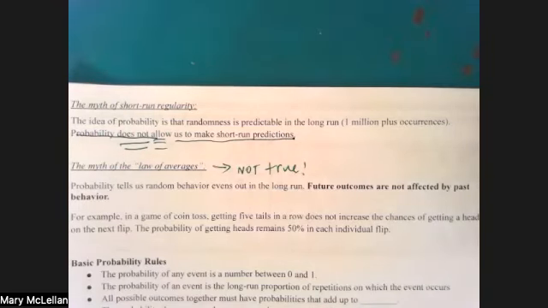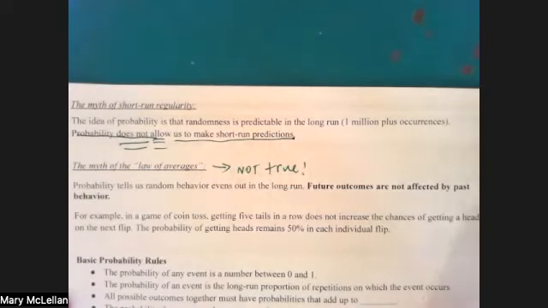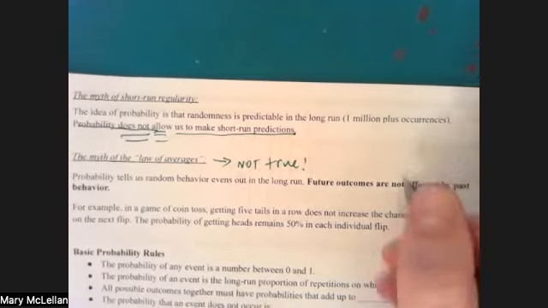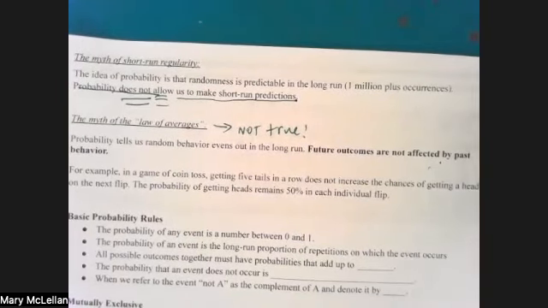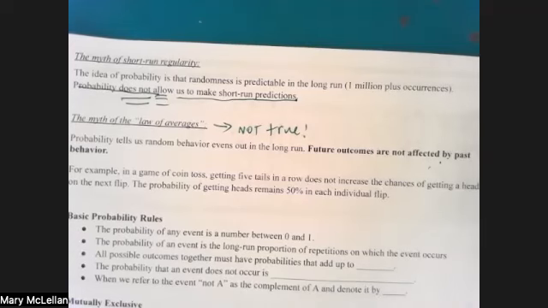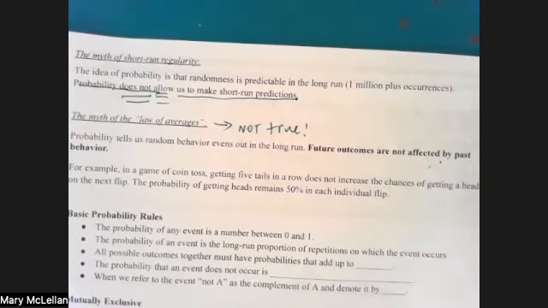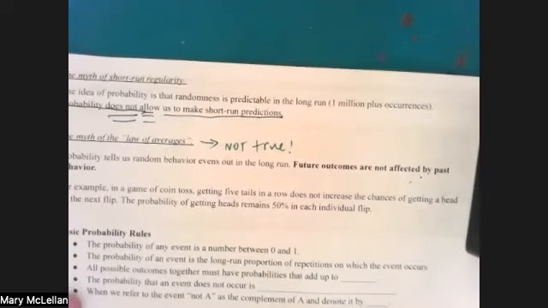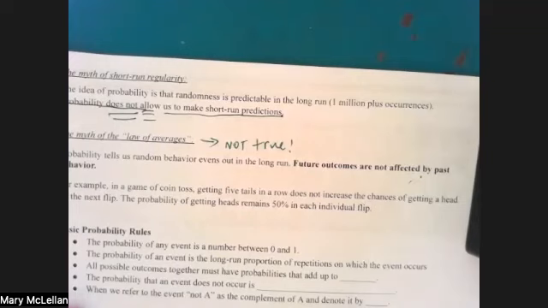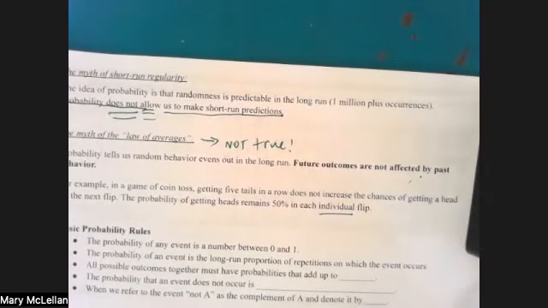It tells us how random behavior evens out in the long run, but future outcomes are not impacted by past chance behavior. For example, in a game of coin toss, you might get 5 tails in a row. That does not increase the likelihood of getting a head on the next flip. The probability of getting heads remains at 50% for each individual flip.